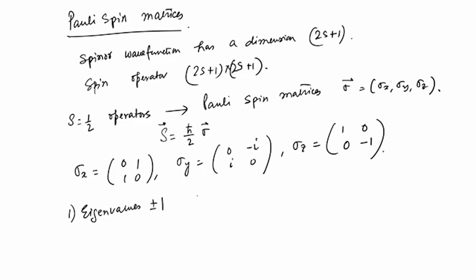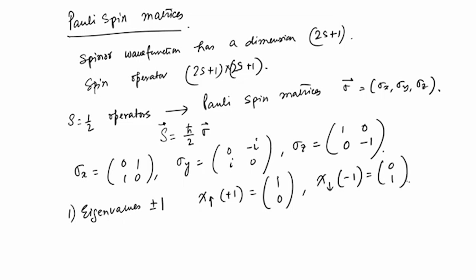For sigma z, the wave function chi up corresponding to the plus 1 eigenvalue has the form 1, 0, whereas chi down corresponding to the minus 1 eigenvalue is 0, 1.